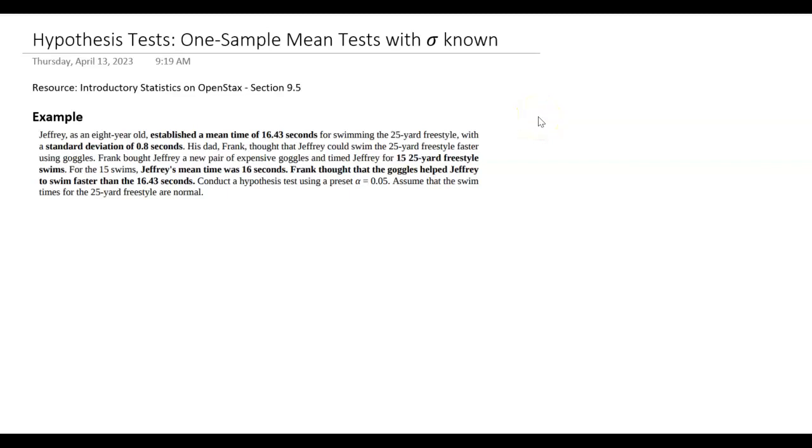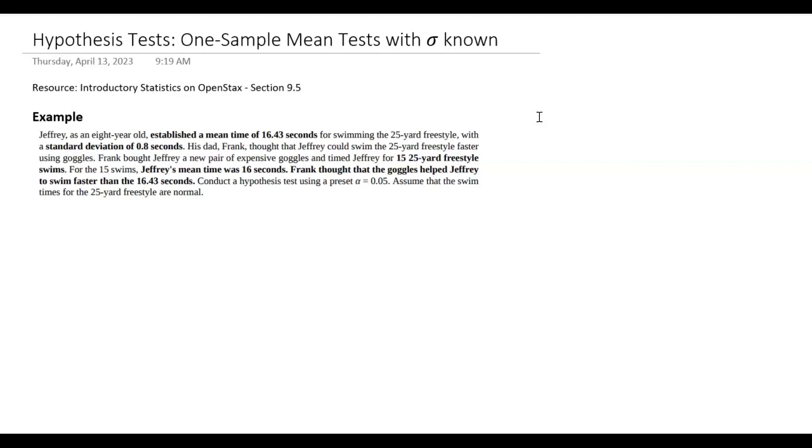All right, so in this example for hypothesis testing, we're going to run a means test, but we know the population standard deviation. So Jeffrey is an 8-year-old swimmer. He has an established mean time of 16.43 for swimming the 25-yard freestyle and a standard deviation of 0.8.